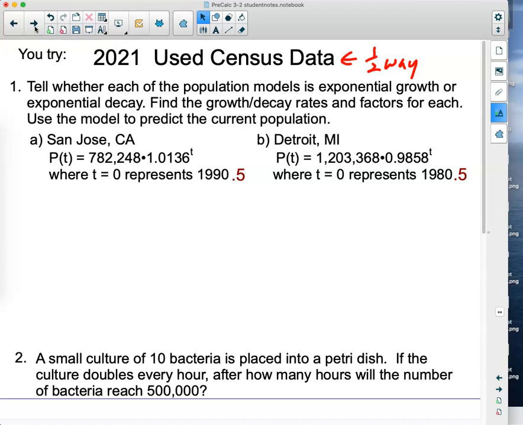It's been half of the year for that census data for both of these. So I would like you to go ahead and tell whether or not these are exponential growth or decay, and then give me the percentage rate of growth or decay, and then we'll come back together and we'll do the rest of the problem.